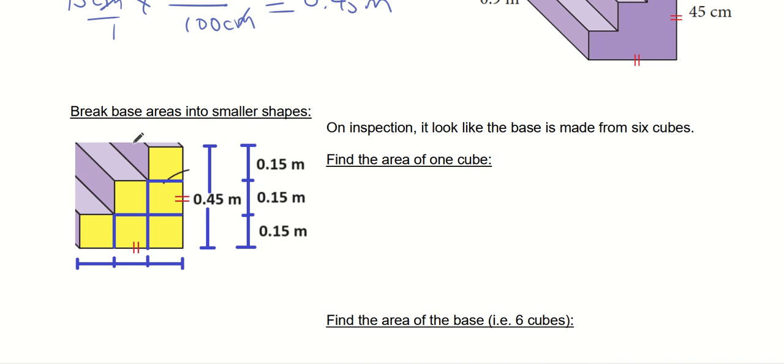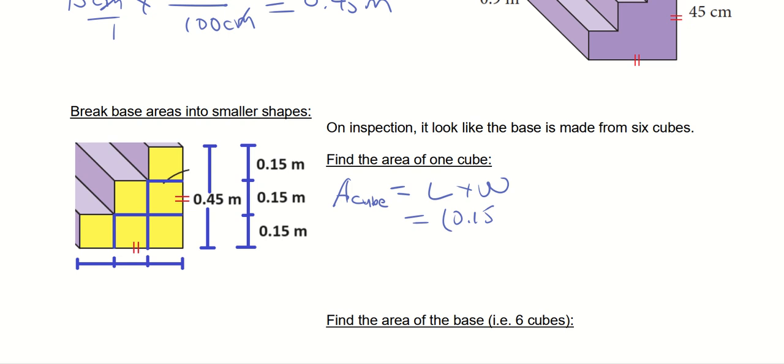So let's find the area of 1 cube. I'm going to say the area of the cube, in subscript, equals length times width. In this case, it's going to be 0.15 times 0.15.